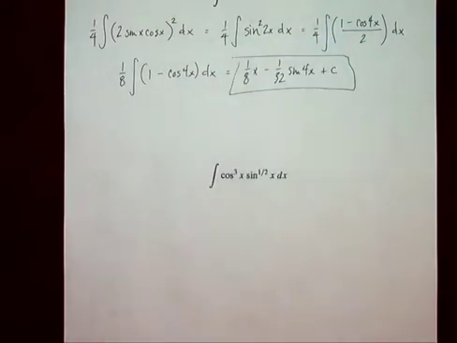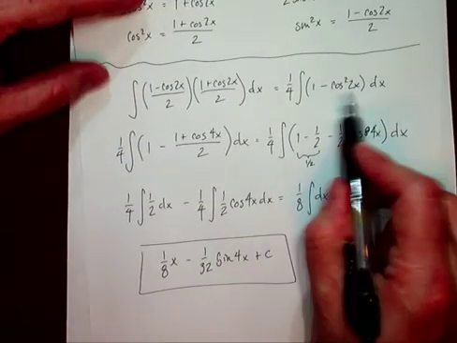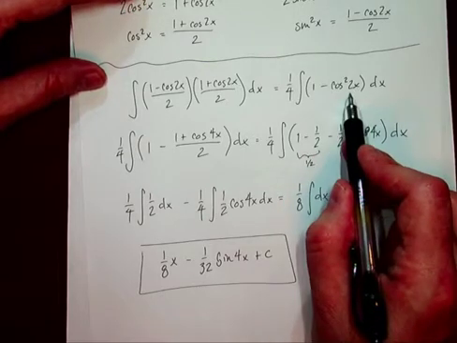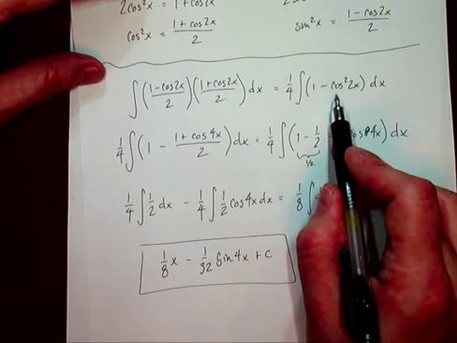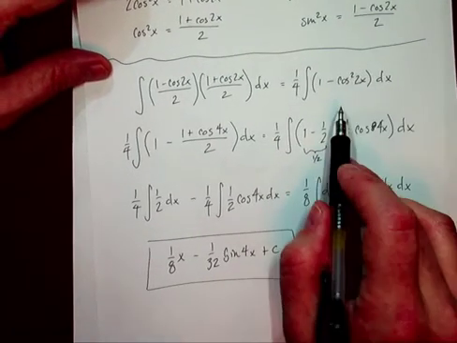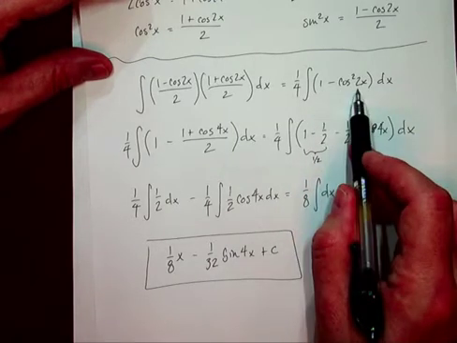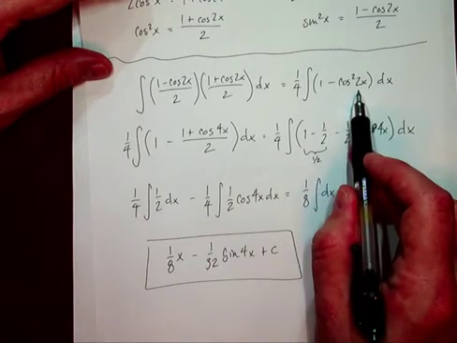Now, what you might have noticed in the middle of the last version is that once I got to here, I didn't actually have to use the power reducing again. I could have just used the Pythagorean identity to change that into sine squared of 2x.